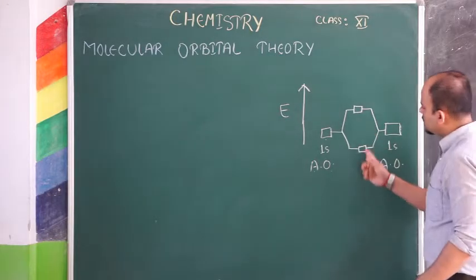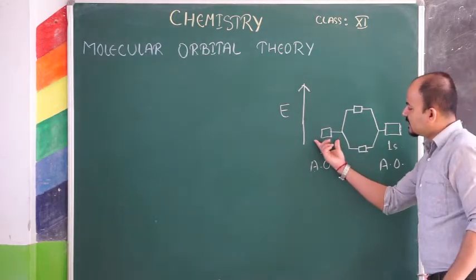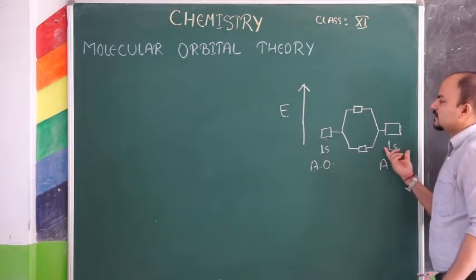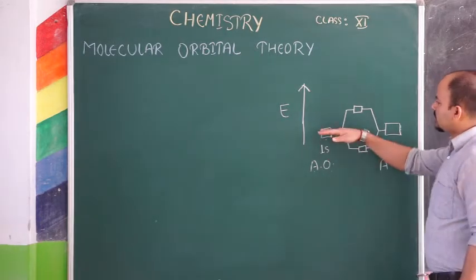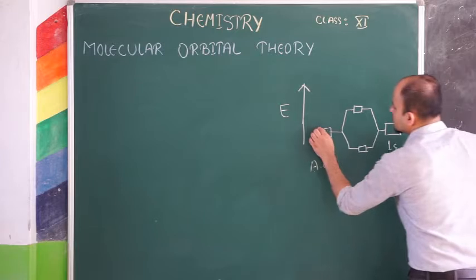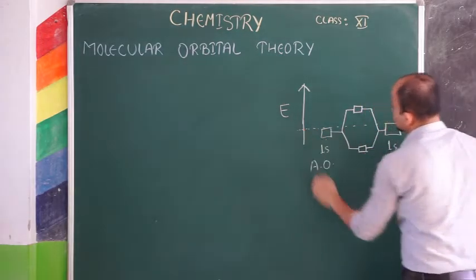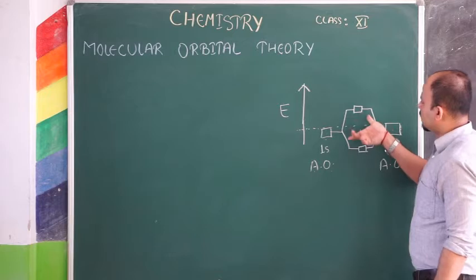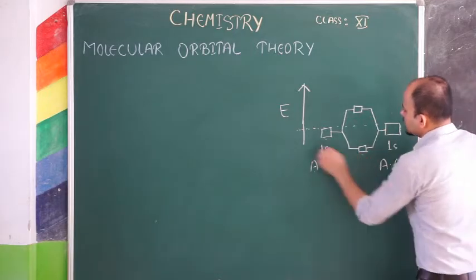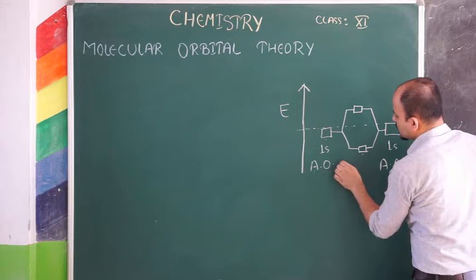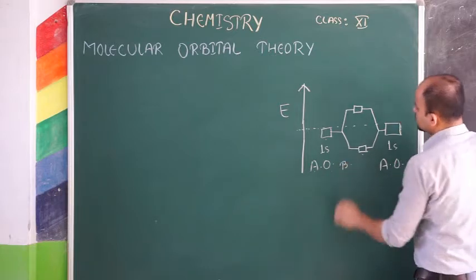These two are now molecular orbitals, generated from the combination of the atomic orbitals of these 2 different atoms. Compare this with the energy of the atomic orbital. Once they combine to form molecular orbitals, one has lower energy than the atomic orbital, and this is known as the bonding orbital.